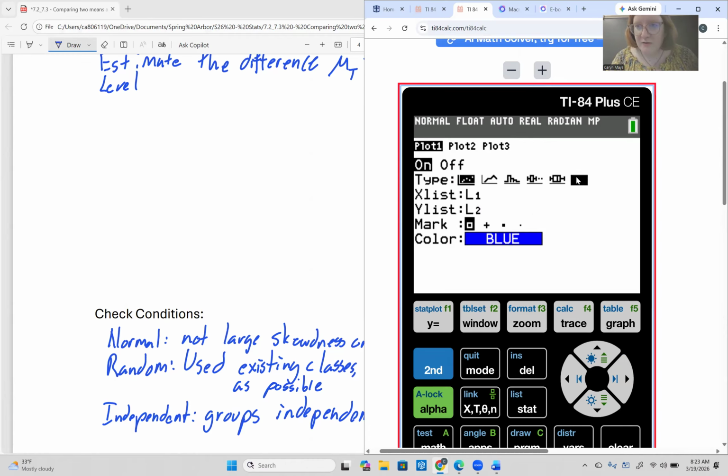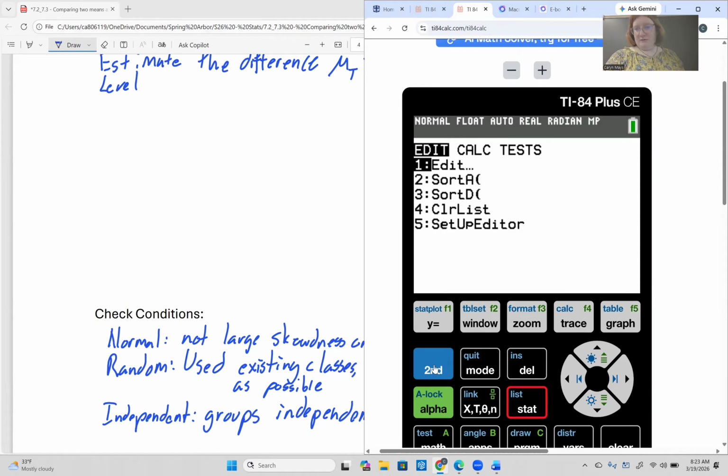So I'm trying to select that, and then it changes our information. We want the data list to be L1. Typically, what we see more in this class is for the data axis to be Y, so I'm going to change that. But in general, no matter which way we do it, we want to see a straight line.